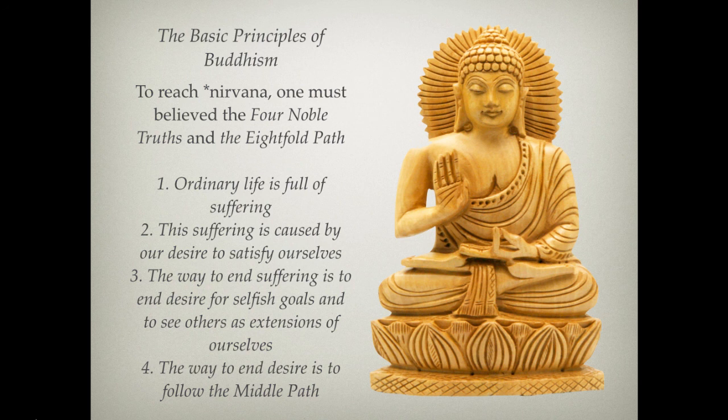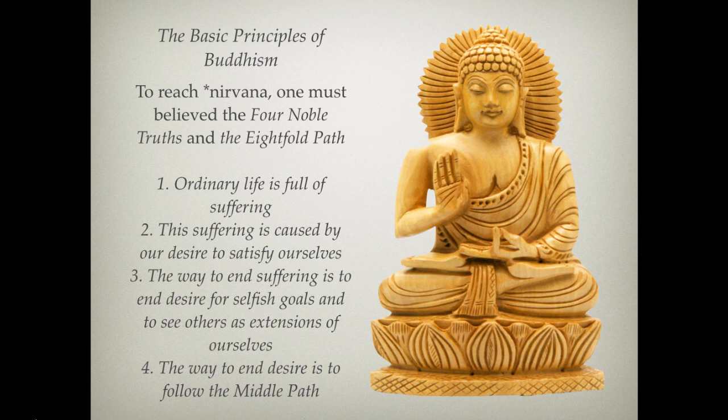And three, the way to end suffering is to end desire for selfish goals and to see others as extensions of ourselves. So the goal is to not put yourself at alienation to others, but that through human effort, through your hardship, through your work, you can end suffering by destroying human desire, by destroying your desire. And that's really the goal, destroying your own desires.